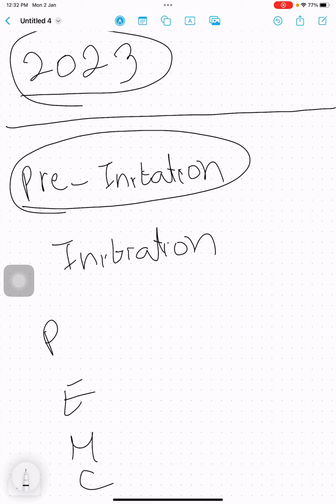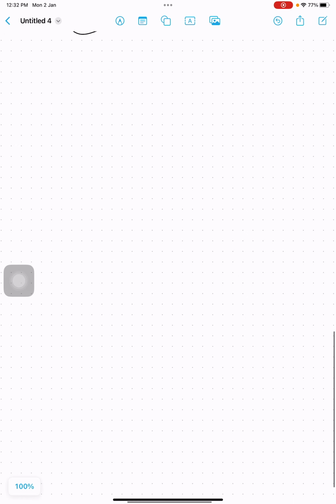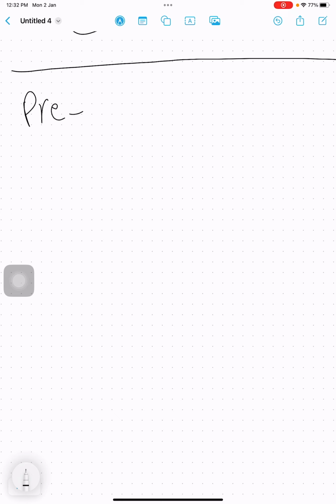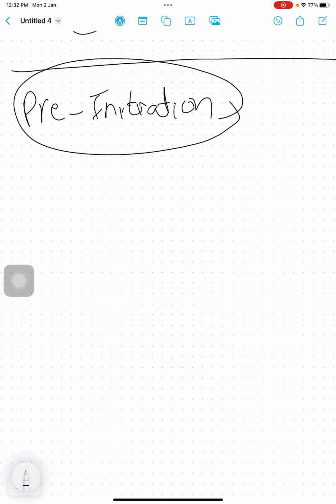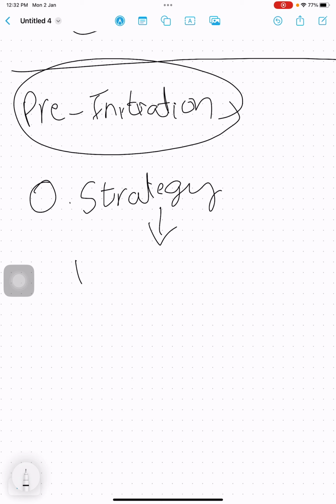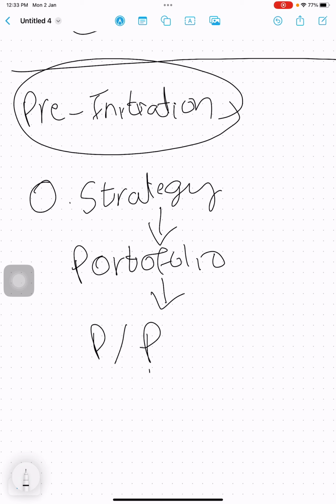Pre-initiation things happen before the project gets started. So let's see what we have in pre-initiation. Pre-initiation is something on which the entire project is based. Now, we all know that organizations have strategy. That strategy drives portfolio, and portfolio decides on programs and projects, and then we get operations.